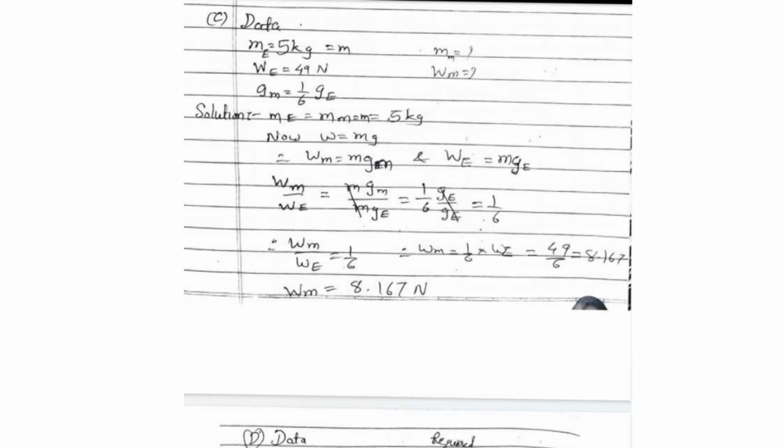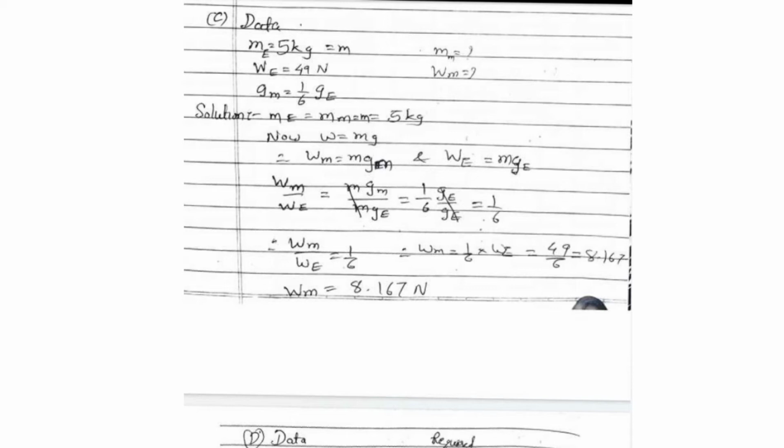Third sum now. The mass and the weight of an object on the earth are 5 kg and 49 kg respectively. What will be their values on moon?